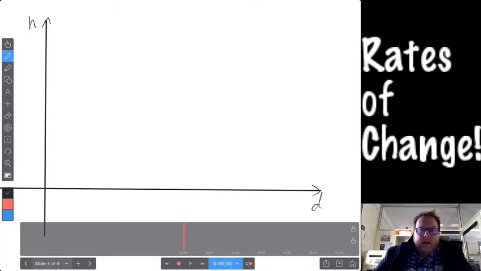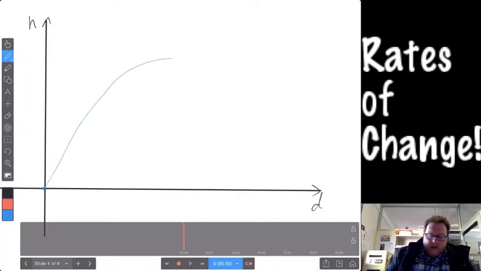And let's just say it's something like a golf ball being hit, where the ball travels from a resting point here, and it travels up in the air for a certain height and then lands down here. A nice parabolic curve. And let's just say that that's 100 meters away.